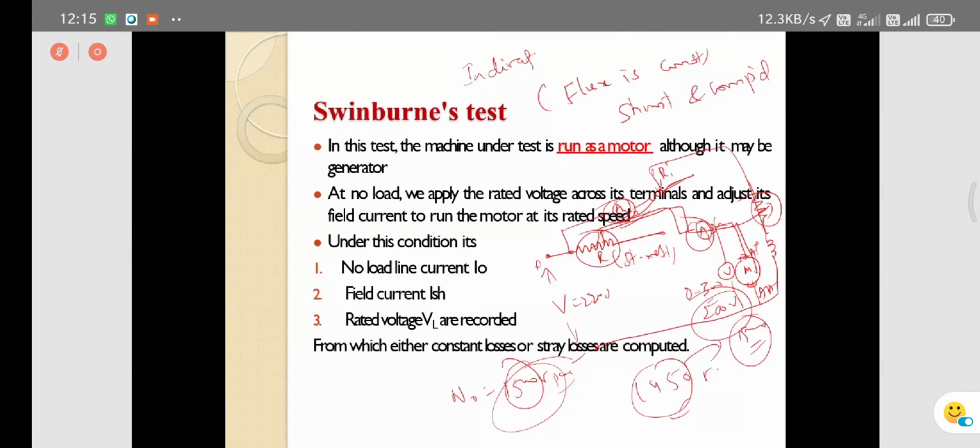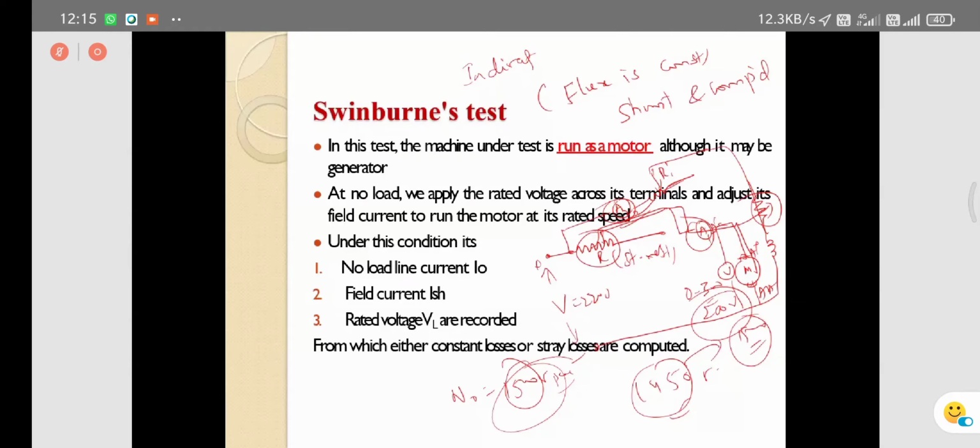As I said earlier, in this method the flux is practically constant, especially in the case of shunt and compound motors. One more point: without actually applying the load on the motor, the losses and the efficiency can be predetermined.